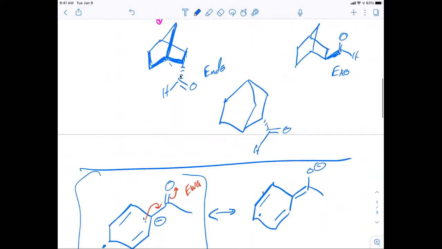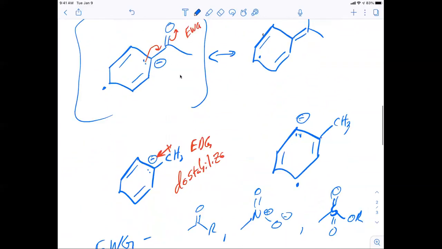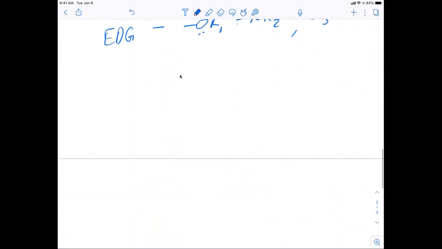All right. Okay, so let's look at activation, deactivation. Let's remember what we talked about on Tuesday, which was the methyl group. And let's go ahead and put it at the top. Methyl group here.